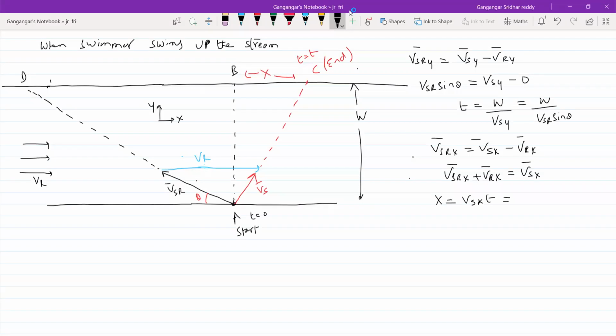What is VSX? I think we have to get all these values, no? Okay, anybody? VSRX.